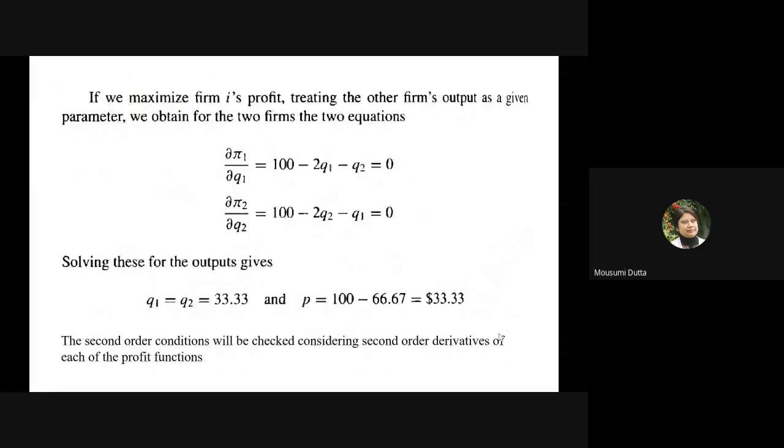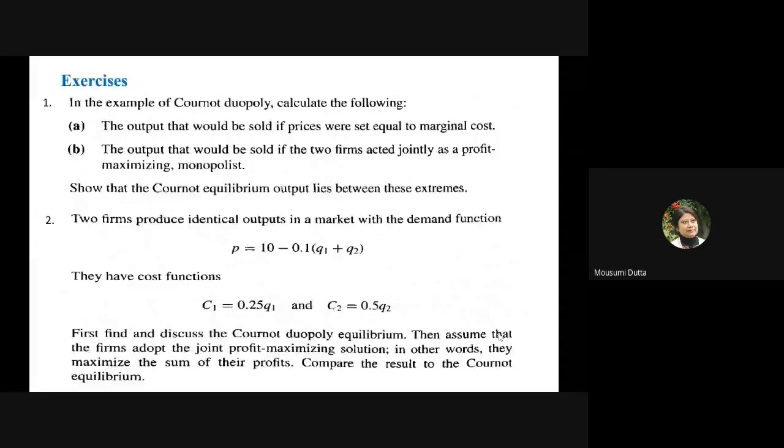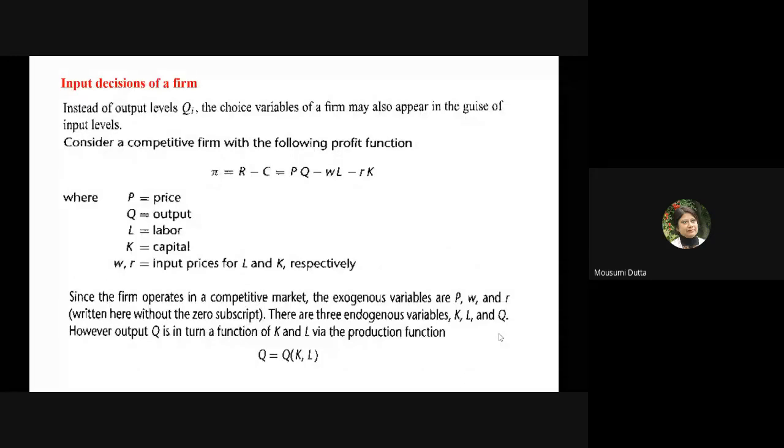So already we did this numerical exercise in the class. If I send this slide to you, I hope everybody will understand this. This is the piece from Chiang, so from Chiang also you will get the thing. Already you did all these things on your own.